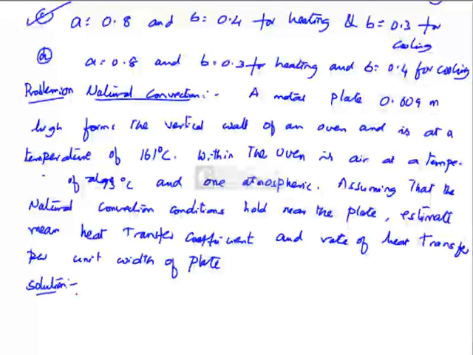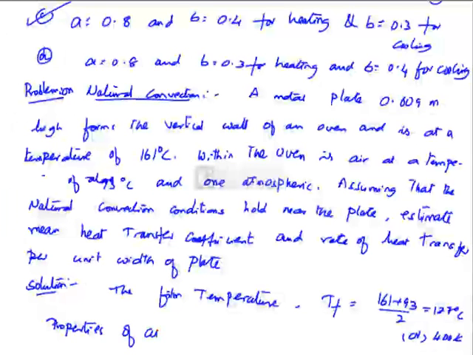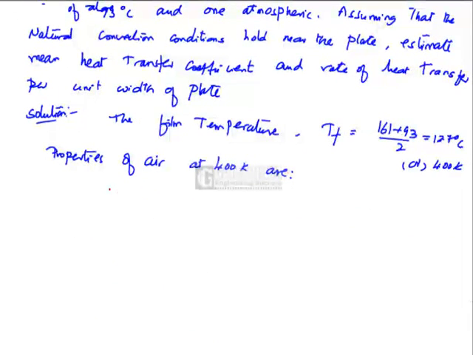The solution to this problem could be given like this. The film temperature Tf is equal to 161 plus 93 divided by 2, that comes to 127 degrees Celsius or 400 Kelvin. Properties of air at 400 K are nu is equal to 26.4 into 10 power minus 6 meter square per second.